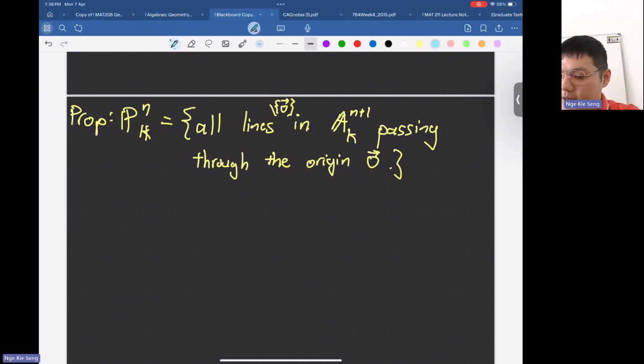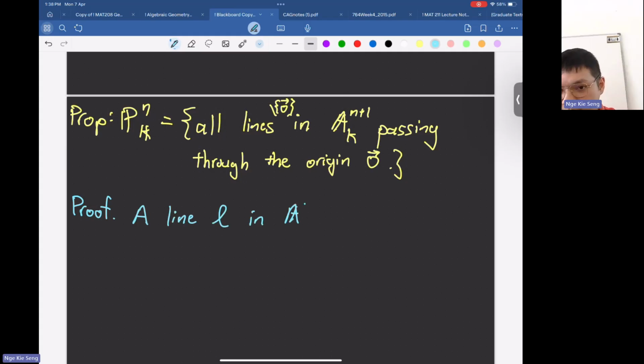Why? A straightforward thing you need to know in this statement is what a line in affine space means. How do you describe a line? We covered this a lot in calculus 2.